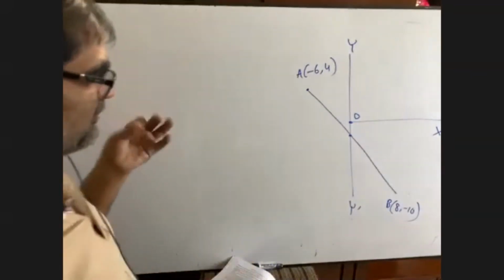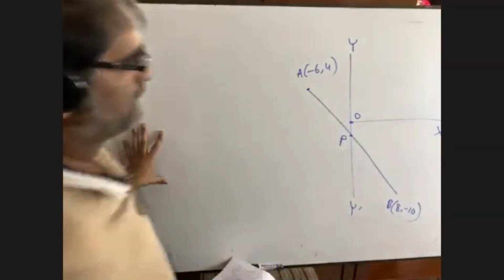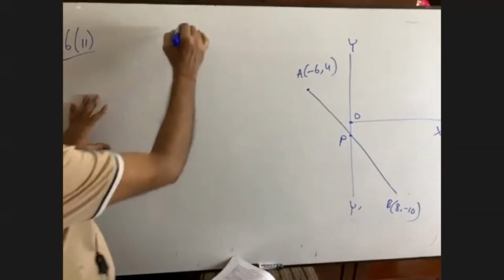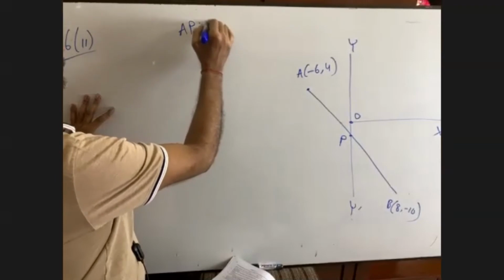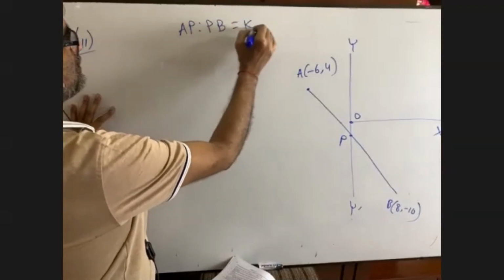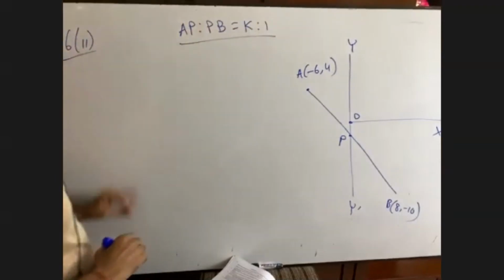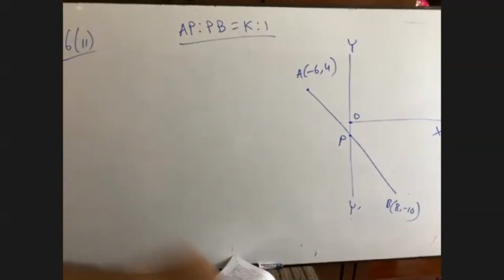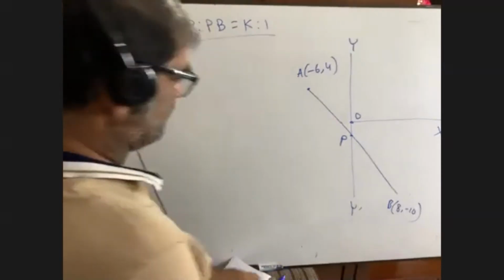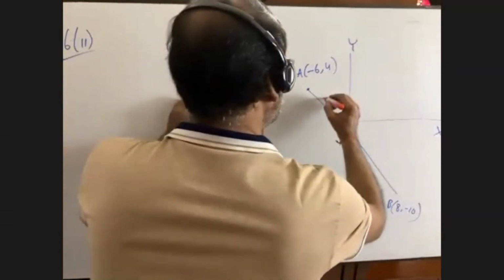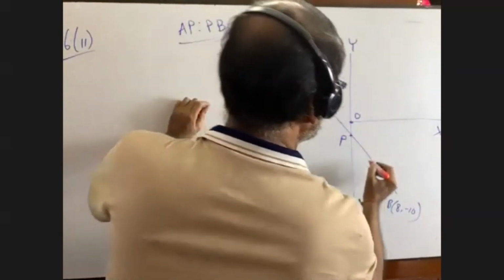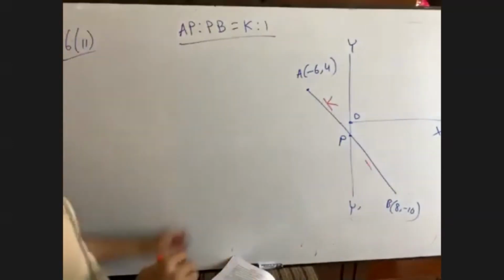Suppose this is P, you have to find AP is to PB, which has been let as K is to 1. Talk to me. Okay, now we are getting here, this is K and this is 1.